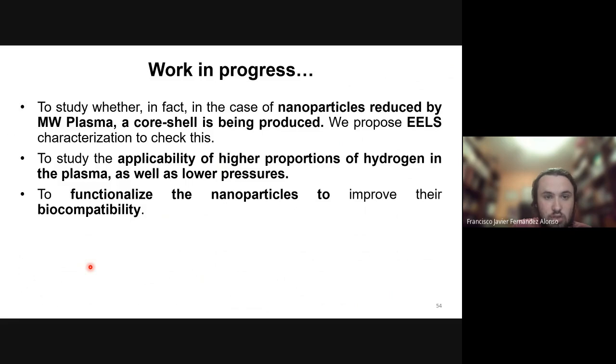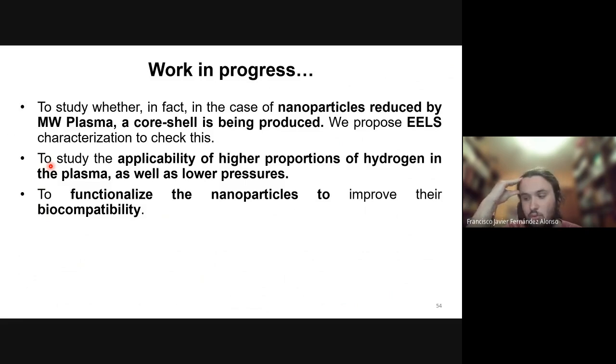We would like to study whether these nanoparticles, the nanoparticles reduced by microwave plasma, in fact have a core-shell structure. We would like to perform some characterization to check this, and also to study the applicability of higher proportions of hydrogen in the plasma, as well as lower pressures, to see if we are able to enhance the saturation magnetization.